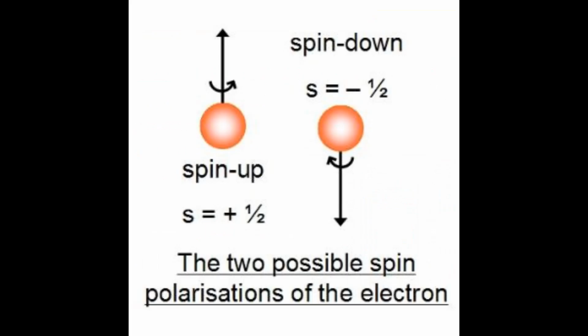The 2 orientations are distinguished by spin quantum numbers, and the values are plus half and minus half. The plus half and minus half are also known as the 2 spin states of an electron, or spin up and spin down. 2 electrons with different ms values have opposite spins. The conclusion is that an orbital cannot hold more than 2 electrons, and these 2 electrons must have opposite spins.